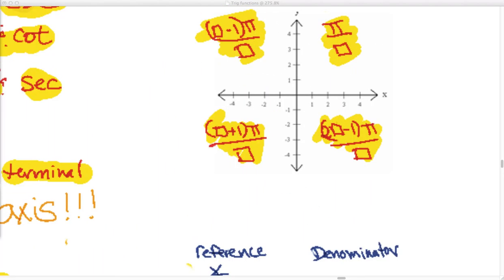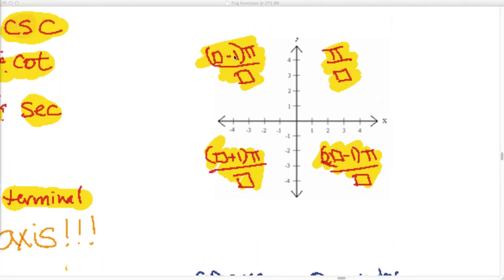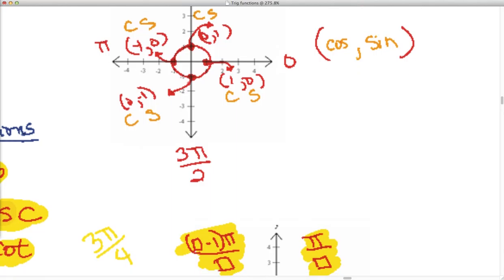So in the second quadrant, I know that it's 1 less than the denominator, so I know right away that angle would be 3 pi over 4. Whereas if it was in the fourth quadrant in radian measure, and I have a 45 degree reference angle, that would be twice the denominator, so 8 minus 1 is 7 pi over 4. And I'll show you later on how this trick will be beneficial to you, okay?